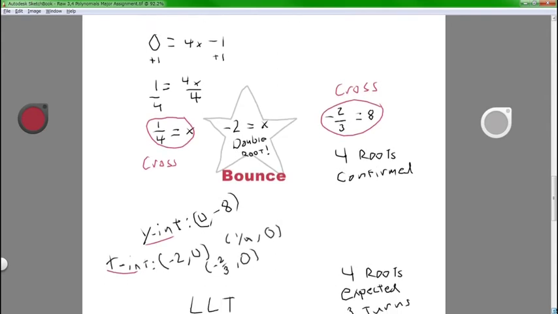But I still have a factor here, 4x minus 1, that I need to determine the coordinate for, so I set that factor to 0, add 1 to both sides, and then I divide both sides by 4, which leaves me with a positive 1/4 as an x-intercept.